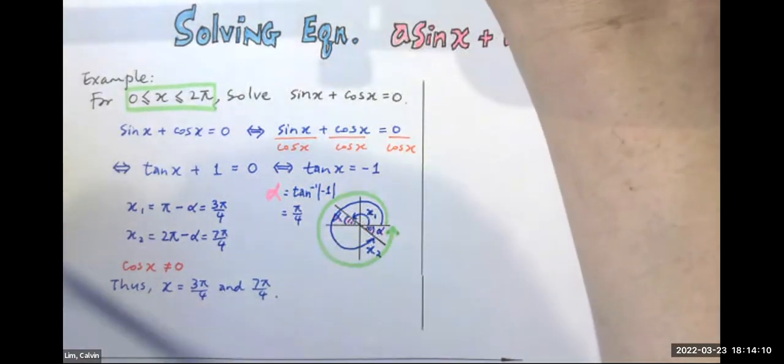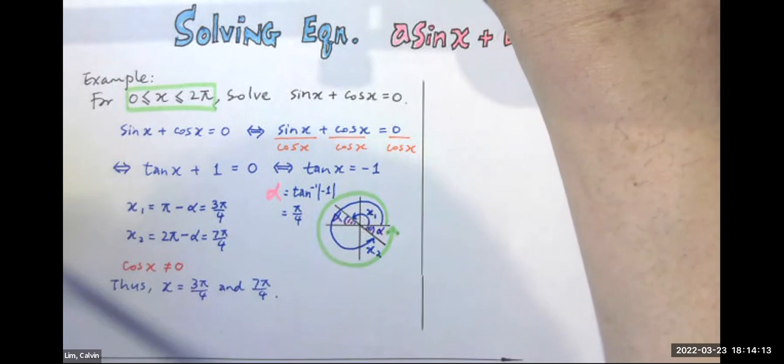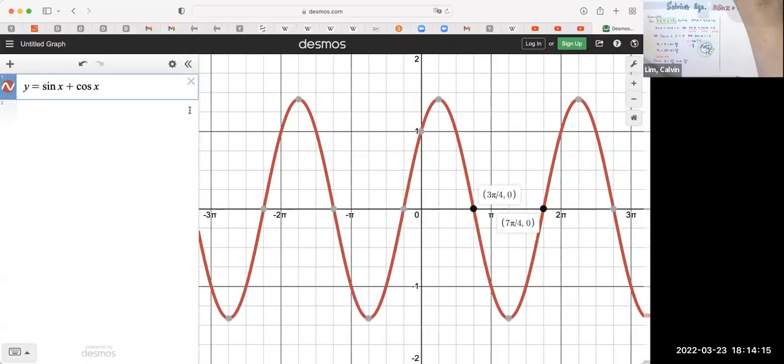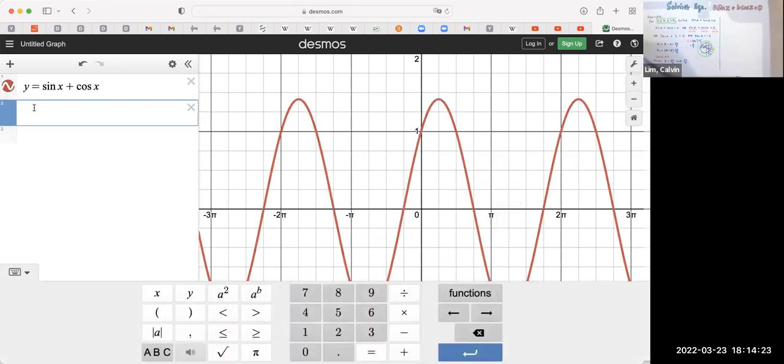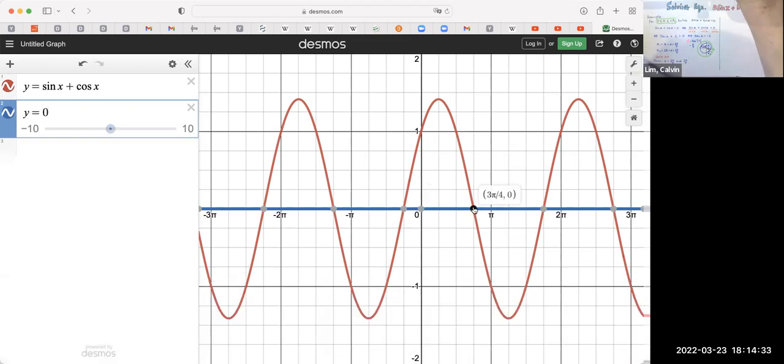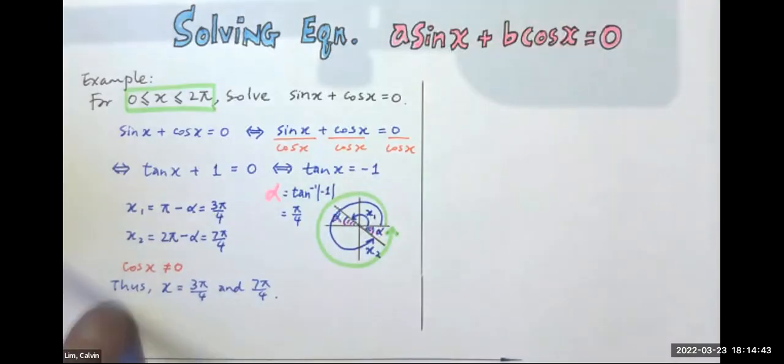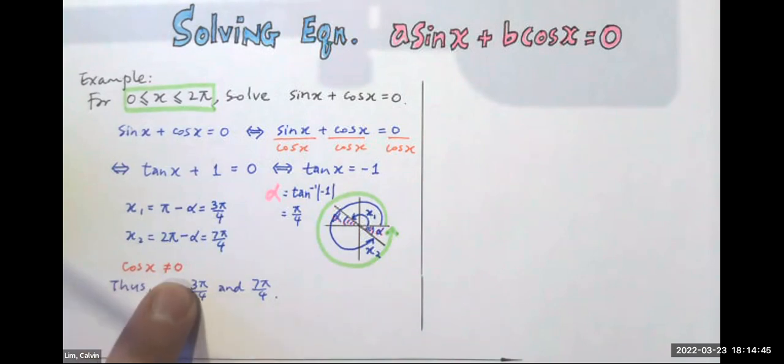If we go to a graphical solution, we can see that the points of intersection between y equals sine x plus cos x and y equals 0, between 0 and 2 pi, are 3 pi over 4 and 7 pi over 4. So our assumption that cosine x cannot be 0 is correct.